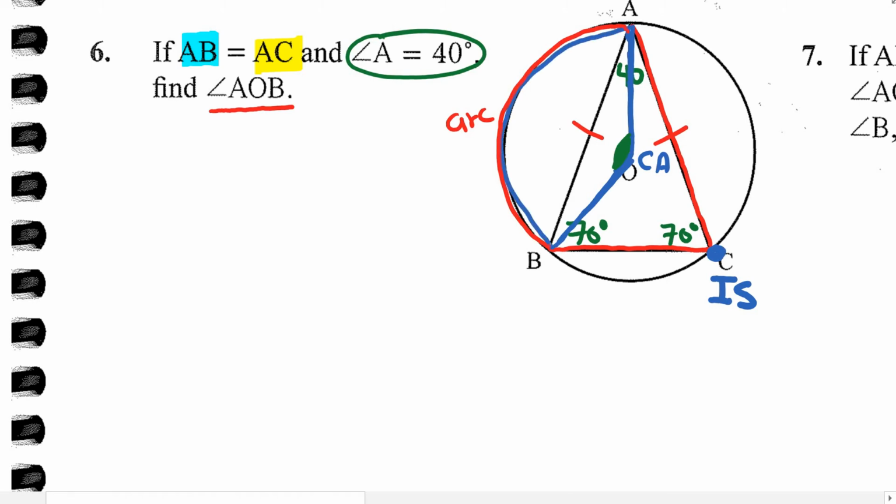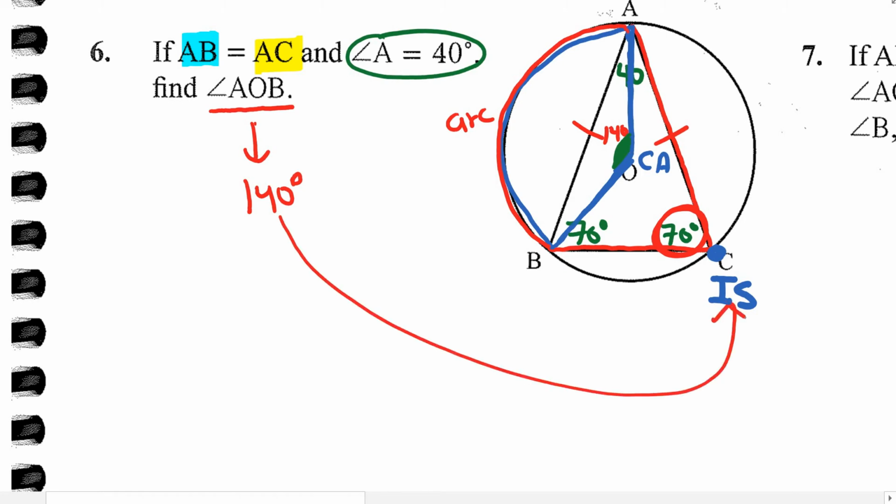So if the inscribed angle and the central angle open to the same arc, that means the central angle is going to be double the inscribed angle. So angle AOB has to be 140 degrees, because it's double that angle, since it opens up to the same arc. All right, let's move on.